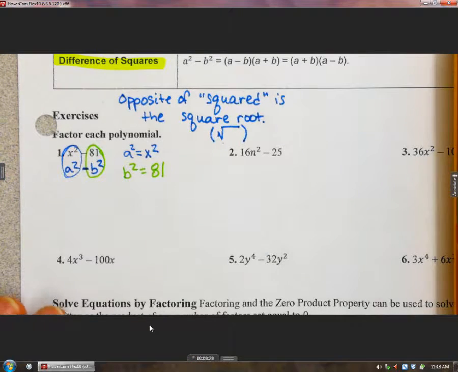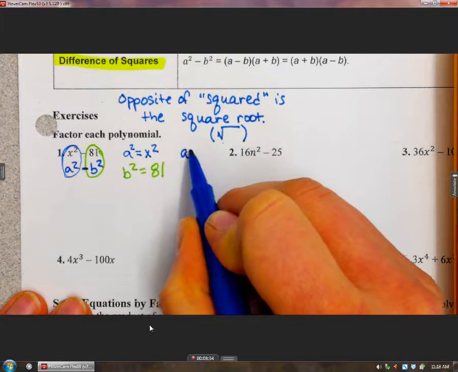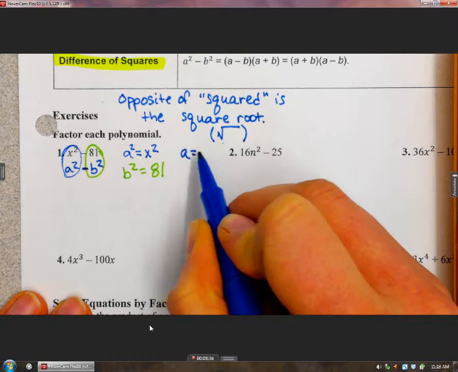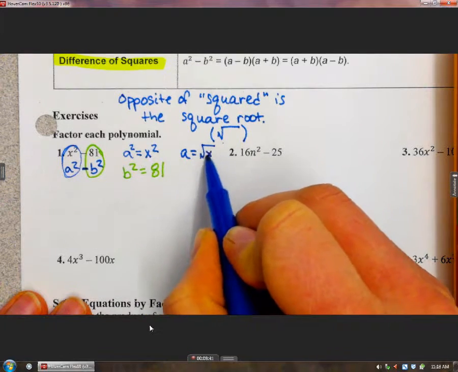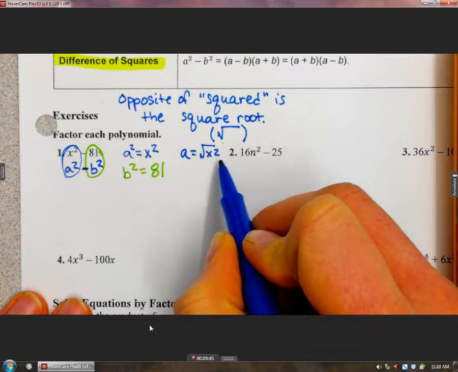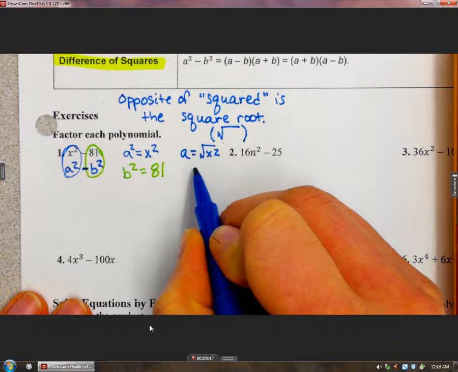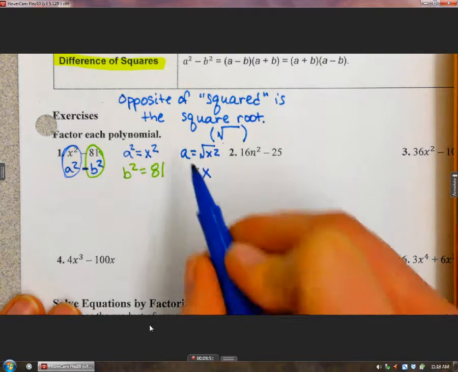All right, so here I want to find not a squared, but I want a. So a is equal to the square root of x squared, which in our case, the square root of x squared, those cancel each other out. We haven't talked too much about that, so it's okay if it doesn't make sense totally right now.